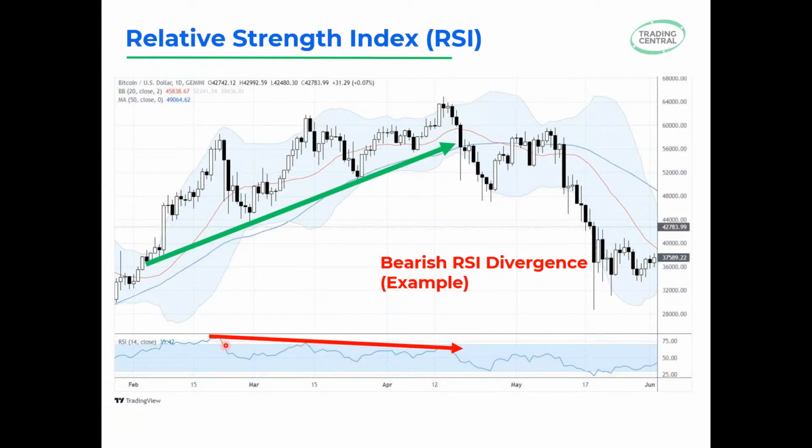This line is 70, declining from the overbought region over 70 and then back down. If you see this bearish divergence, you know that something is wrong, and maybe you will do something appropriately. Like this one.